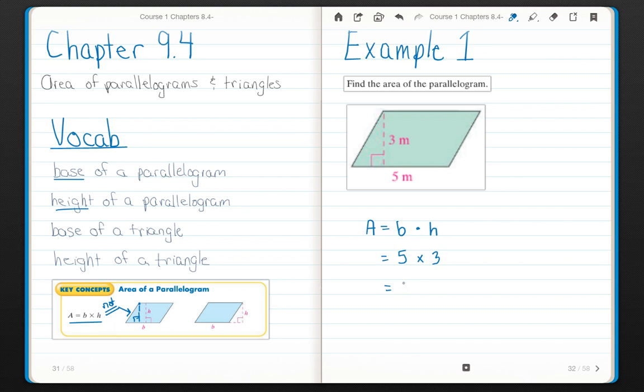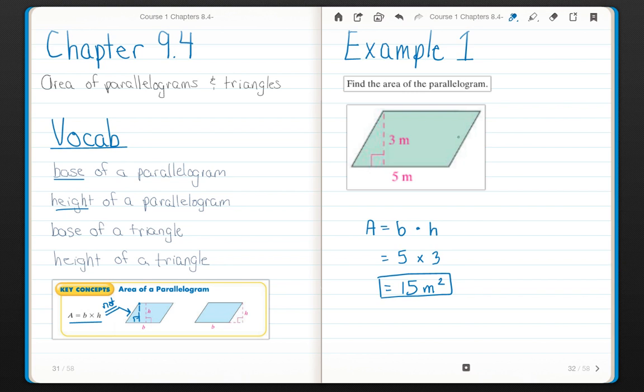So my area equals 15 meters squared, or 15 square meters. Note that the square symbol goes after the meters, not before it. So the area of this parallelogram is 15 meters squared.